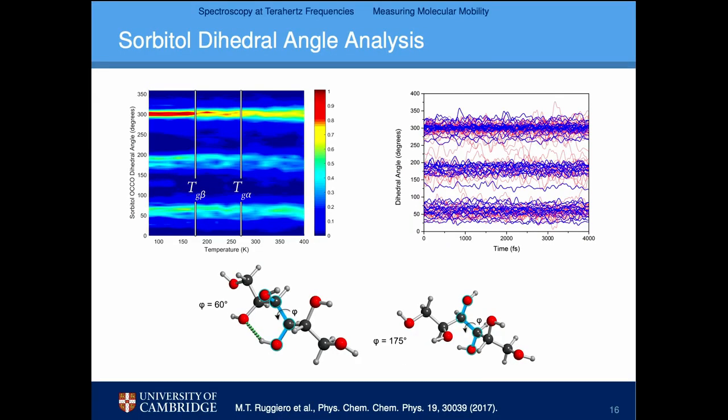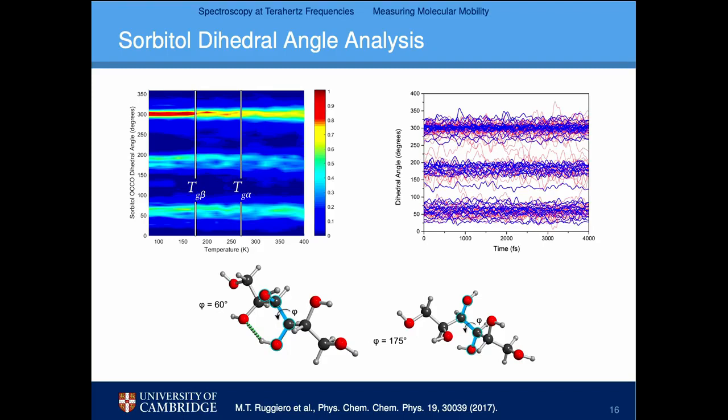Now, to further explore the temperature-induced changes in the dynamics of the system, we can carry out an analysis of the O-C-C-O dihedral angles in sorbitol in the glassy state. And we can do this as a function of temperature. There's a busy slide here, but you see that in the top left, there are three distinct structural features corresponding to dihedral angles of approximately 60, 180, and 300 degrees, with submaxima within the regions emerging as the temperature is decreased.